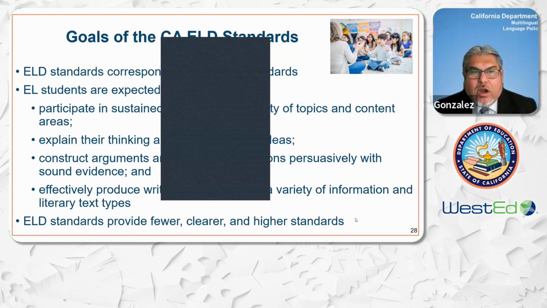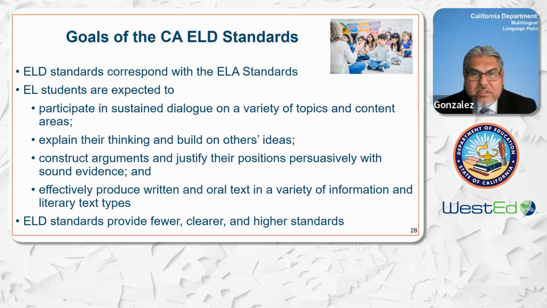Fewer standards are those standards that are necessary and essential for development and success. Clearer standards are a coherent body of standards that have clear links to curriculum and assessments. And higher standards are in alignment with the elevated standards of the ELA standards.